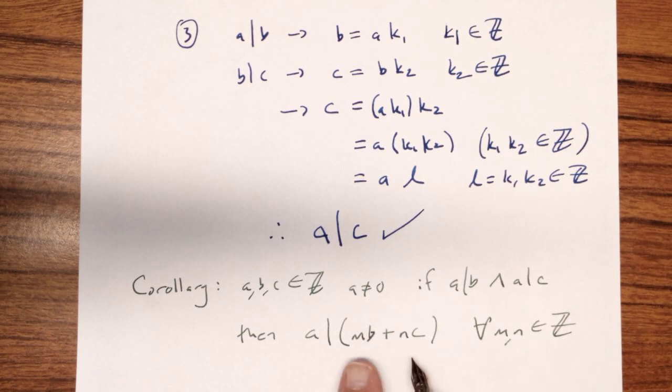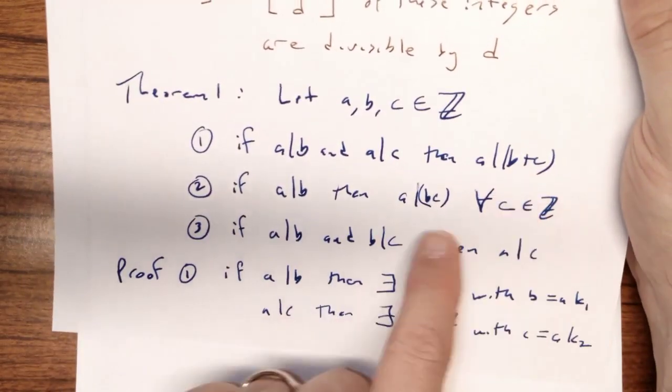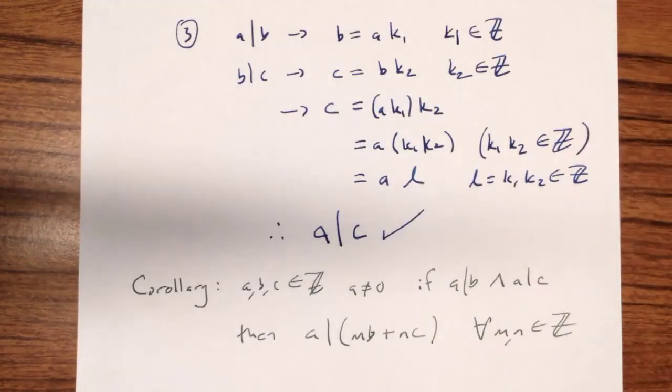Well, okay, I have the multiplication, that's 2. I have the addition, that's 1, because those were the pieces we used here, right? Adding and multiplying. This is particularly useful. It's particularly useful in the methods involved in some of our next pieces.